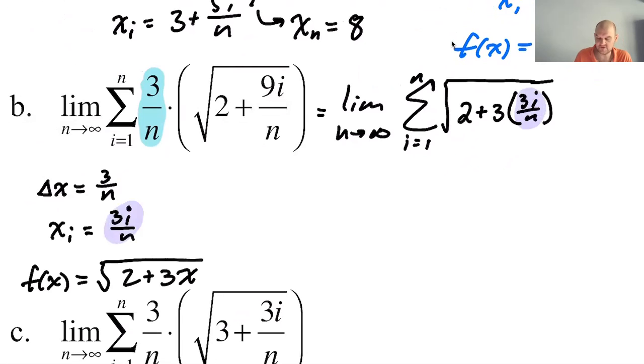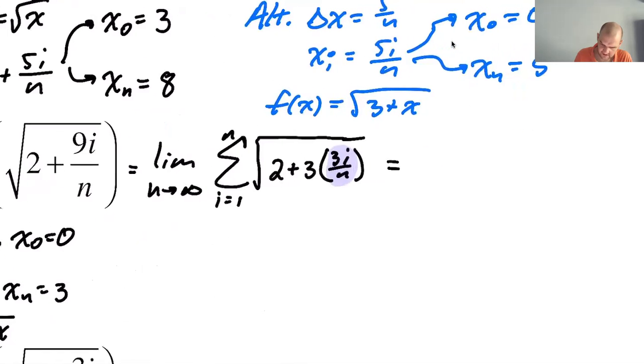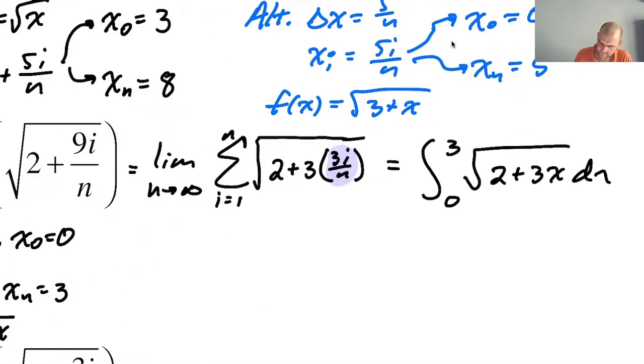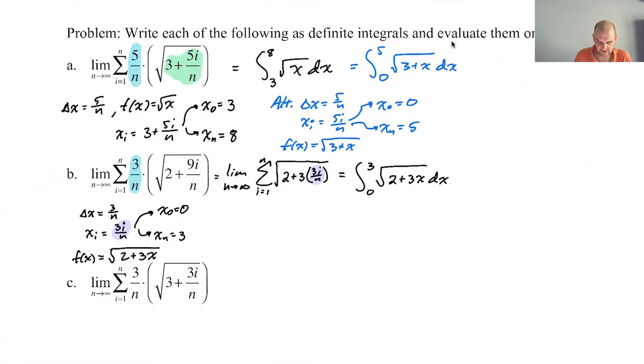So now my function is 2 plus 3 x sub i, so square root of 2 plus 3x. So I think this definite integral, oh, we got to find x0 and xn. So x0 is 0, xn is 3. So this can be rewritten as the integral from 0 to 3 of the square root of 2 plus 3x dx.